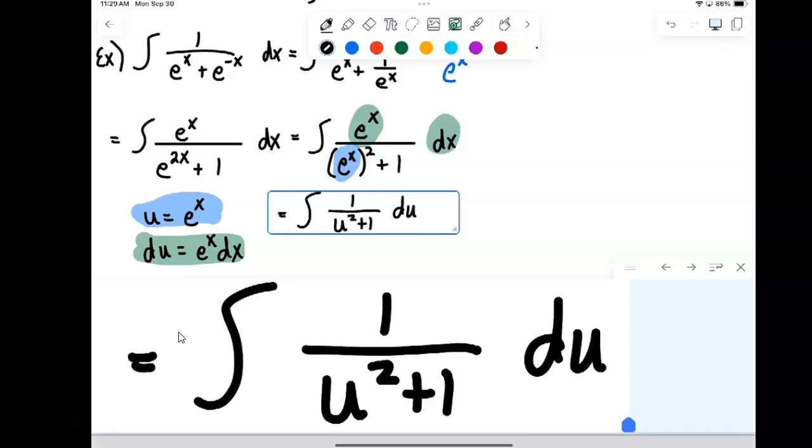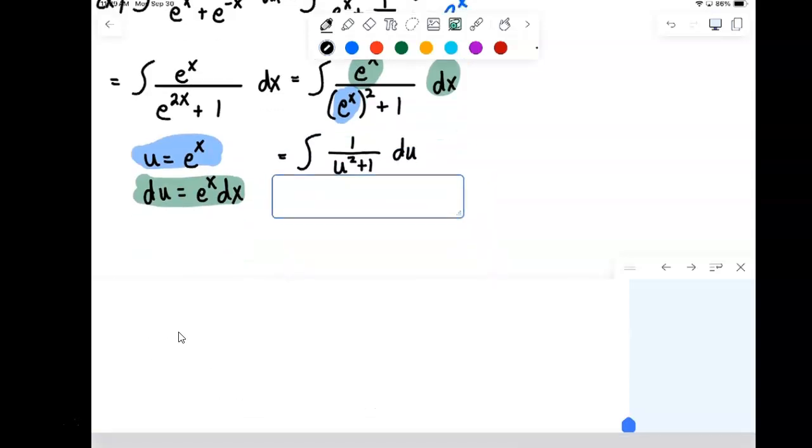Okay. Now, how does that help me? Well, you say, well, how do I integrate that? I can't let v, I guess, my new variable, be u squared plus 1. How does that help me?